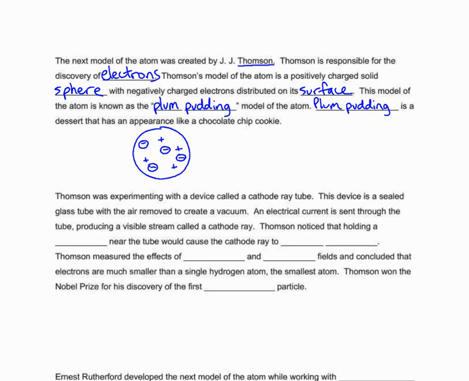It looks strange. It's like some sort of a custard that was baked until it was somewhat firm, and it's got a lot of little pieces of plums in it. It looks kind of like a cake with a bunch of raisins thrown in it. Maybe a better modern comparison is that it might look like a chocolate chip cookie. The cookie part would be this positive mass, and then the chocolate chips would be these negatively charged electrons.